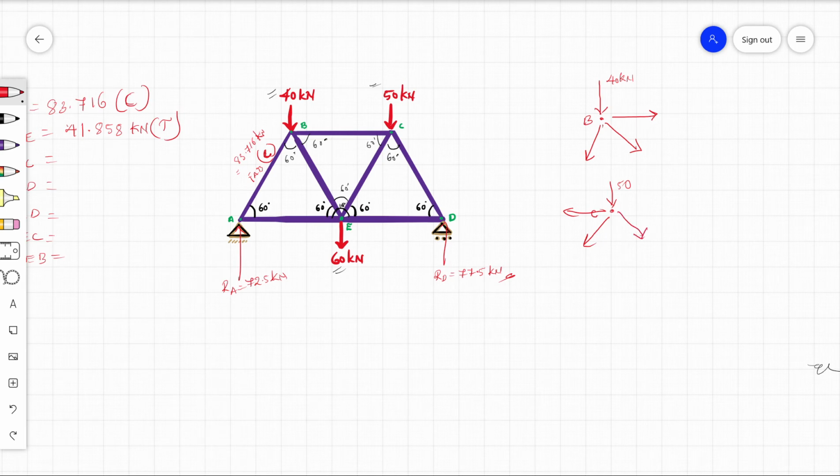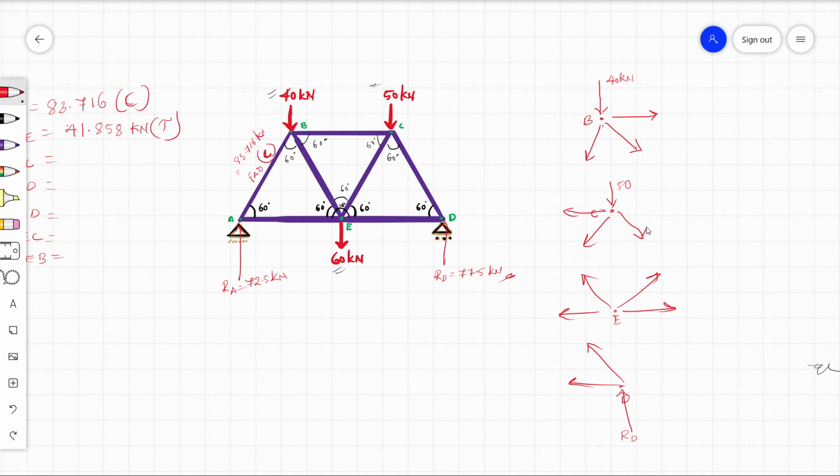Joint E: two forces as well as two forces like this. And what about the joint D? Joint D, two forces, one reaction, that is RD.